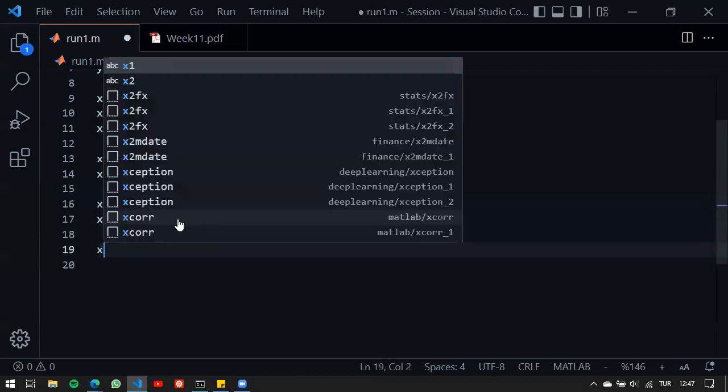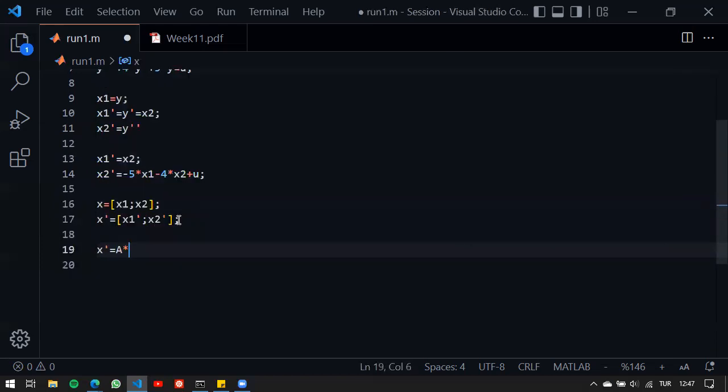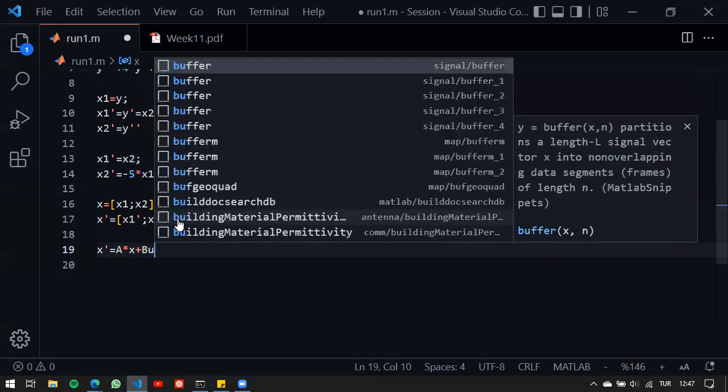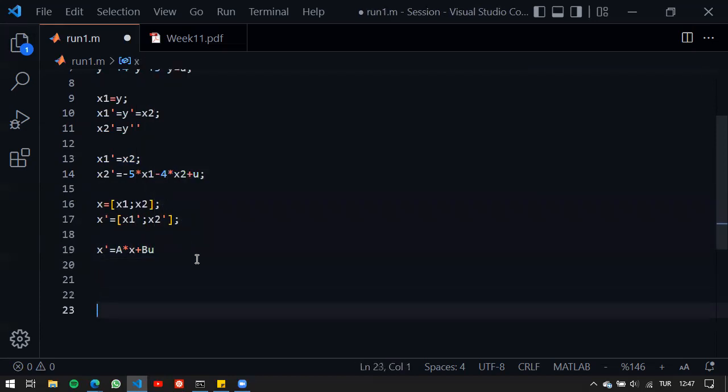If I'm looking at x dot equals A times x plus B u, this would be the generalization because, you can see, u is in the second equation, but it might also be in both of them. So a generalization is given here. B is a vector and A should be a matrix, because here we have the size 2 by 1. So this is a 2 by 1 vector. This is also a 2 by 1 vector.